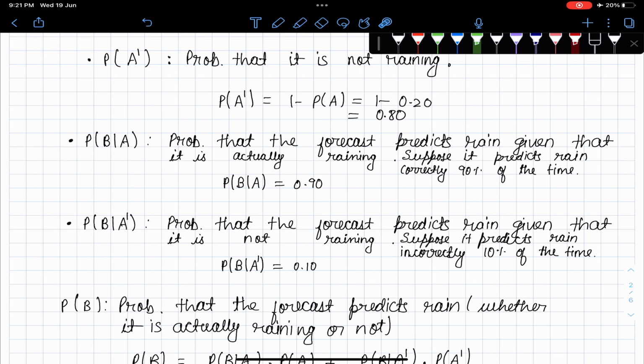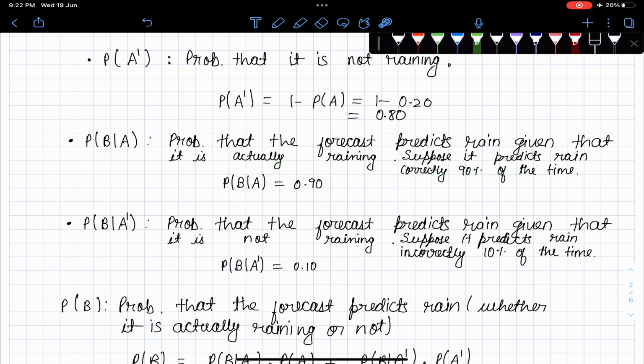Okay, got it. So what is the probability that the weather forecast predicted it will rain, given that it is actually raining? Almost 90% of the time they predict correctly that it will rain.